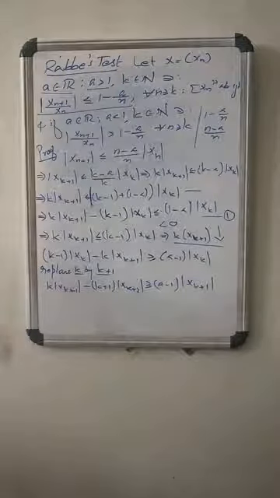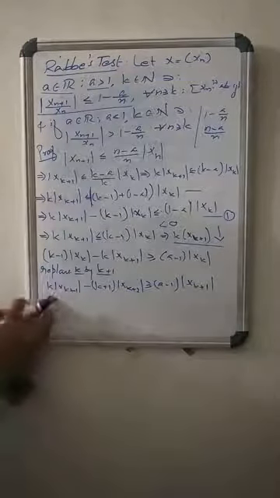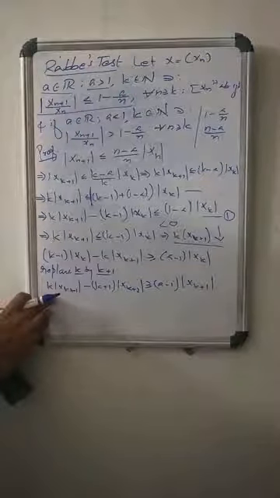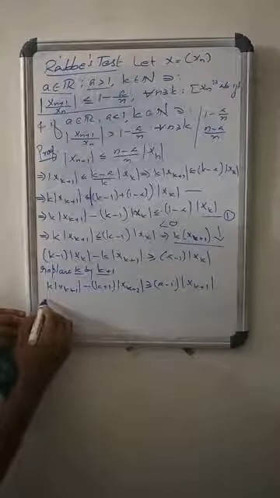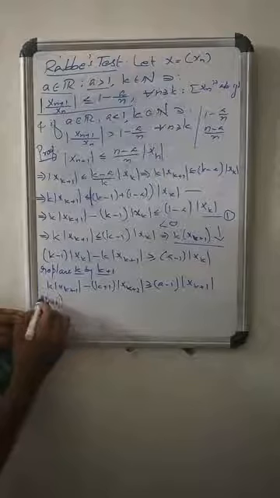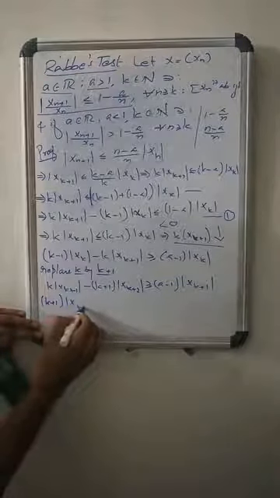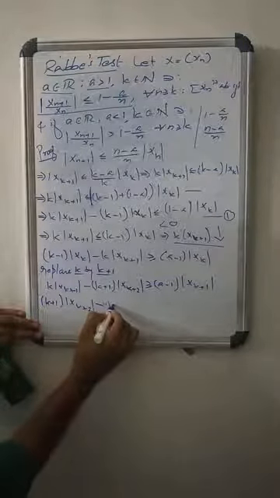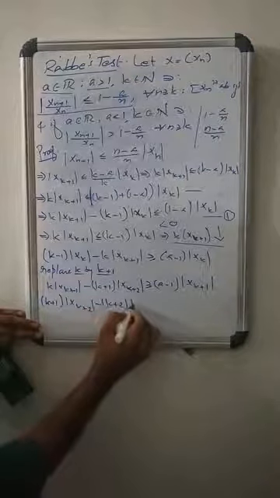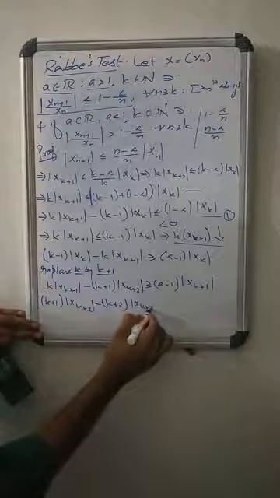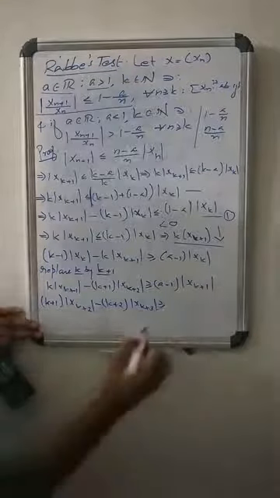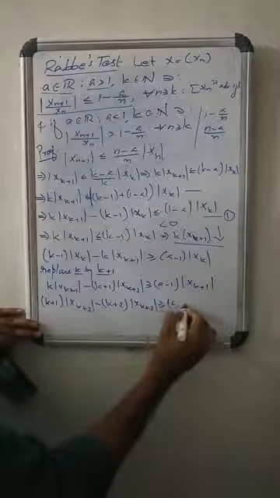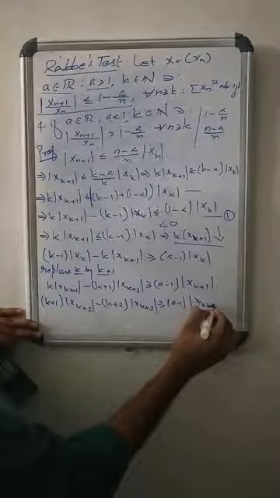Agreed? Again, you can replace k by k plus 1 here. What do you get? It is k plus 1 into modulus of xk plus 2 minus k plus 2 into modulus of xk plus 3, greater than or equals a minus 1 into modulus of xk plus 2.